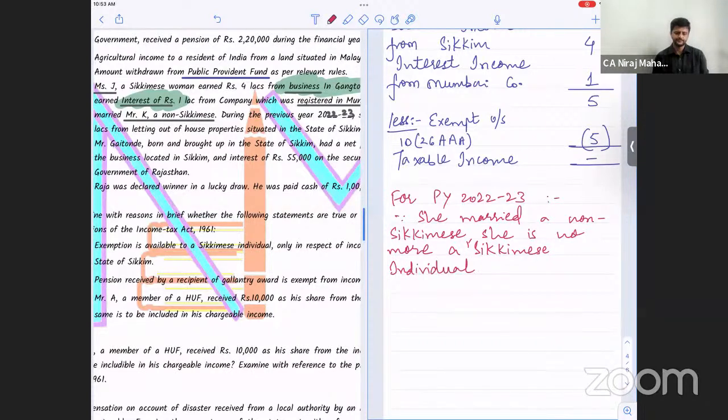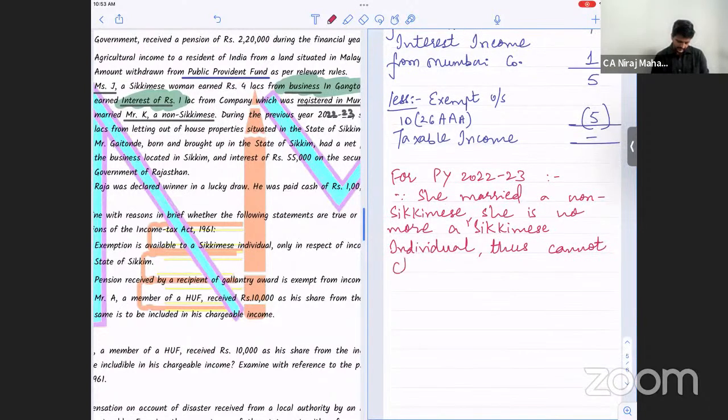Thus, she cannot claim exemption under section 10(26AAA). Clear?